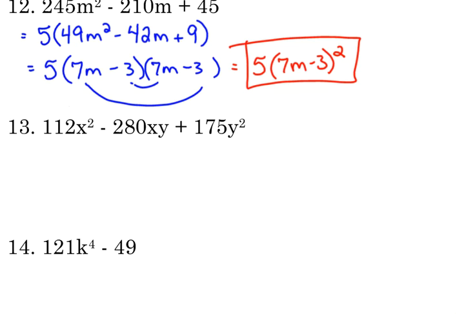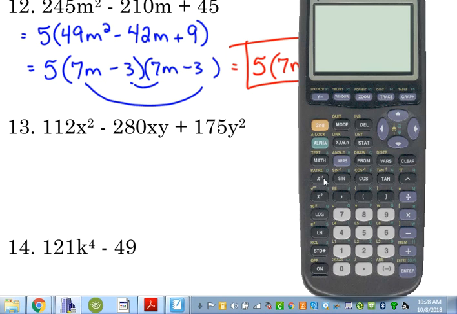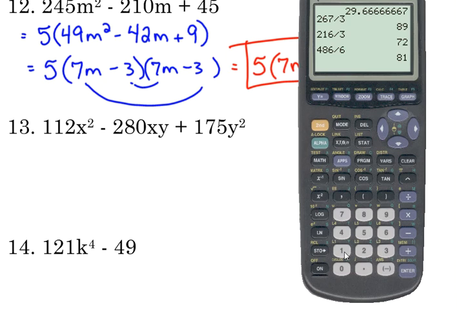Let's do 13. Okay, we can also do this with 2 variables. 112x squared minus 280xy plus 175y squared. So not perfect squares at the moment, right? So let's see here. Do we have a GCF? I'm thinking, are they divisible by 3? Maybe? Nope.